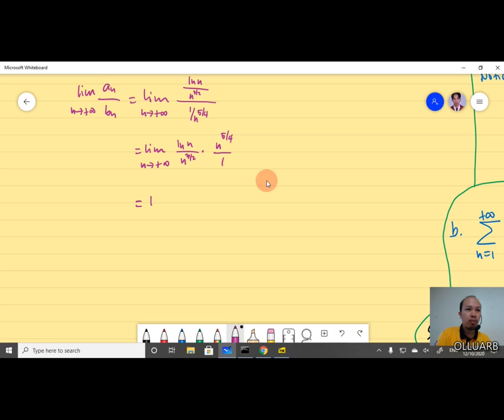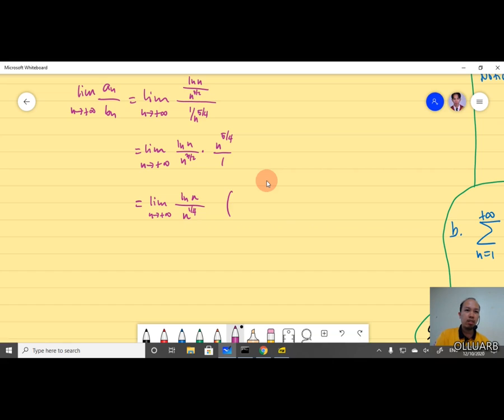Then you will have the limit of ln of n over n to the 3/2 minus 5/4, which is 1/4, as n approaches positive infinity.